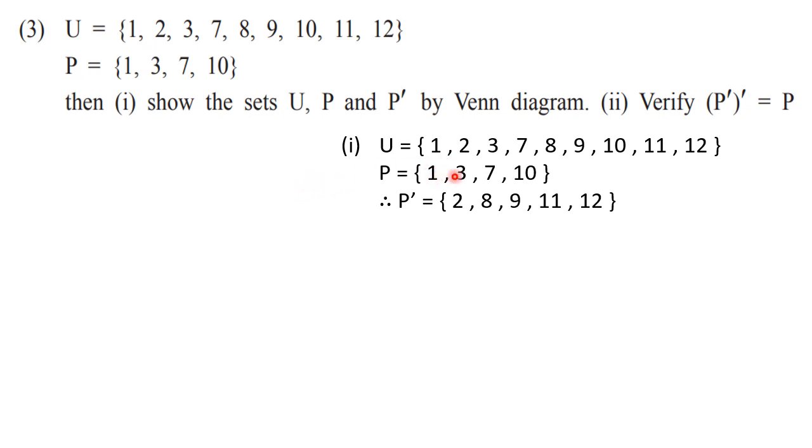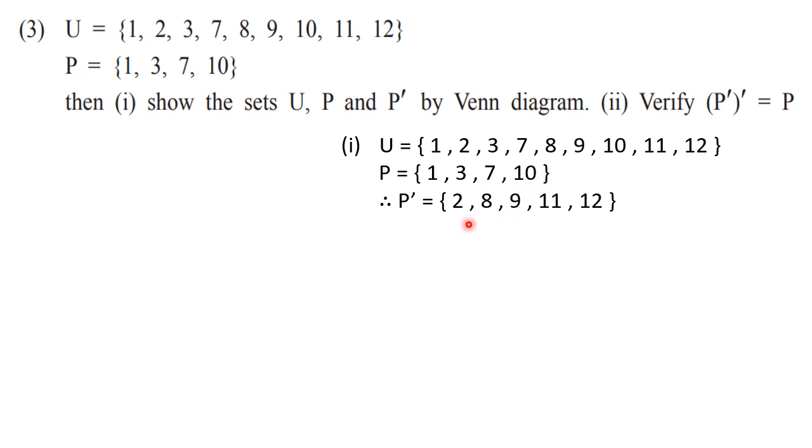Then P is a subset of U. That means you will draw P totally inside that rectangle. So all of you draw an oval or circle shape in that rectangle. And there you name it as P and write down the elements of P, that is 1, 3, 7 and 10.